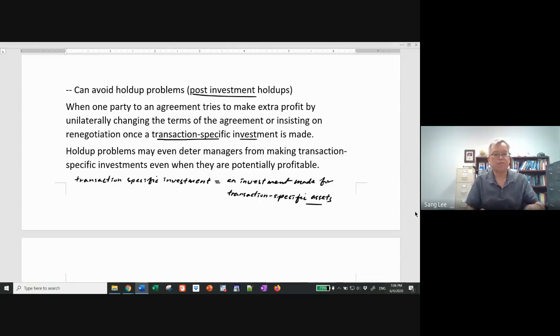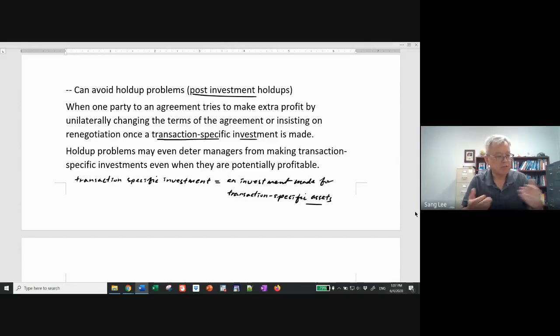That's what we call transaction specific investment. It is very common that we witness holdup problems where a significant amount of transaction specific investments are made.